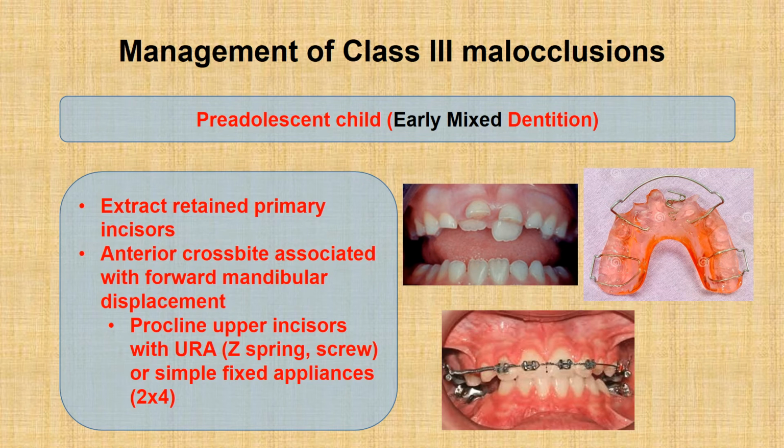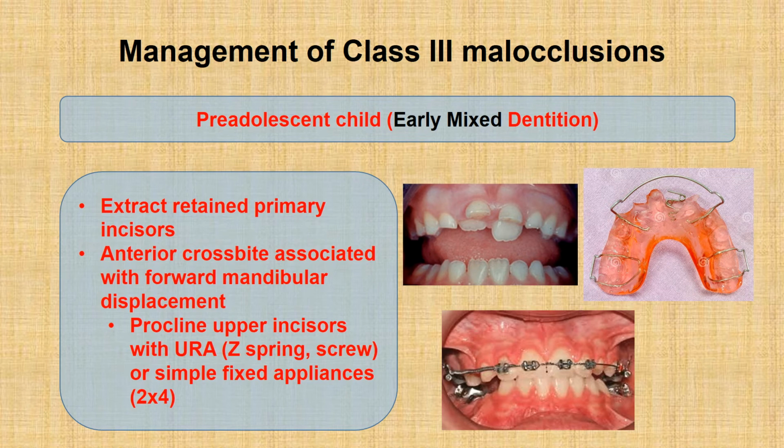In this situation, if there are any retained primary incisors which are causing the permanent central incisors to be deflected palatally, then these primary incisors should be extracted early to allow the permanent incisors to align and erupt in a proper position.